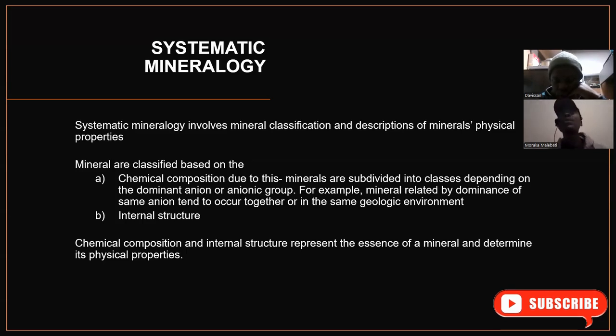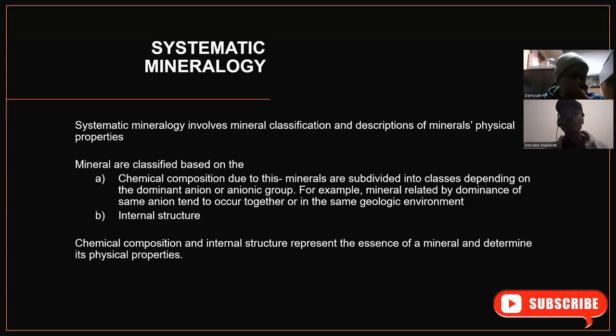What we see externally represents the internal structure, because the atomic arrangement within the mineral, or the crystal lattice, would reflect the external appearance of that particular mineral. It means the atomic arrangement will determine the physical properties of a mineral. That is to say, how the mineral will appear.